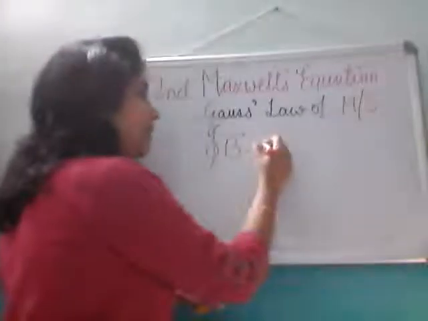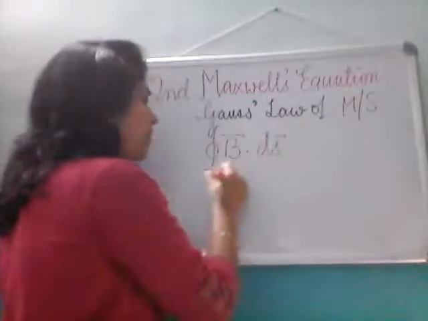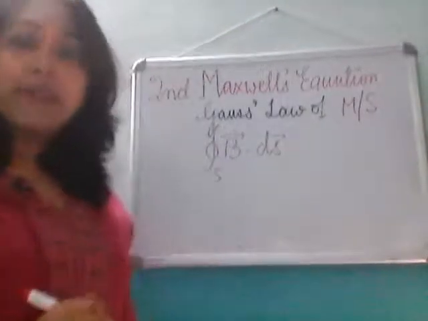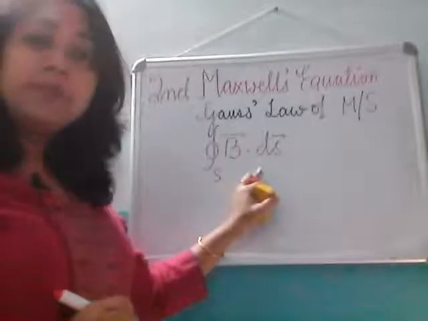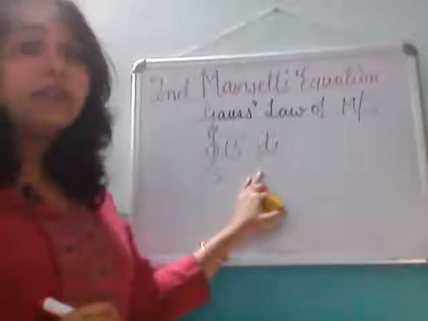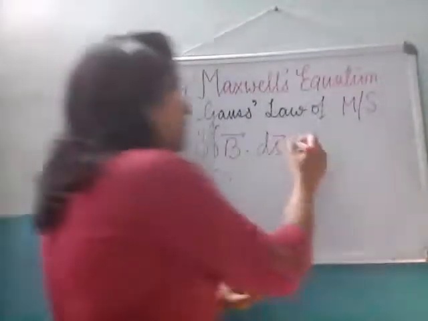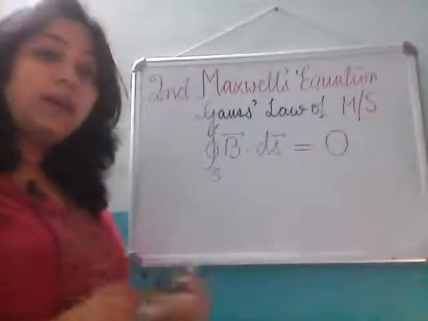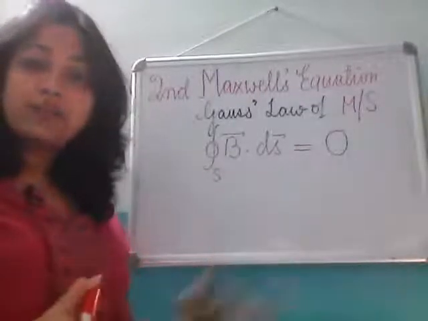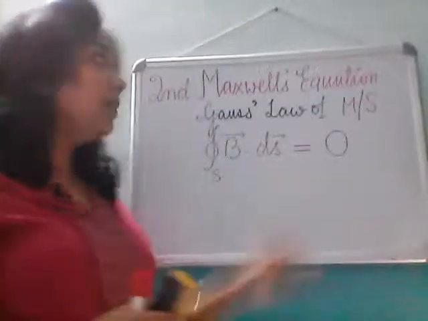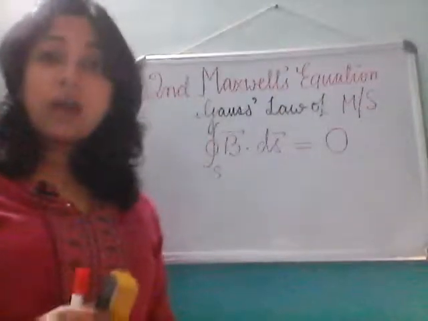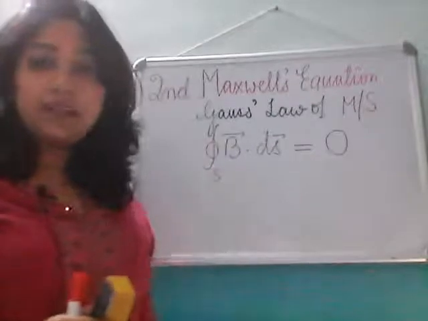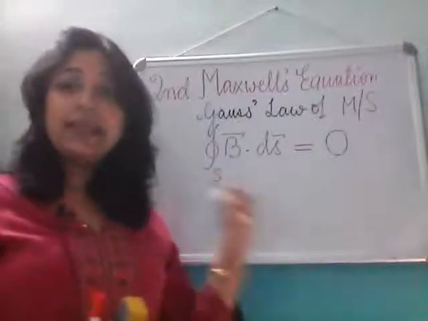So this is B dot dS over a closed surface S. Now, as per the Gauss's law of magnetostatics, the magnetic flux emanating or coming out of a closed surface is exactly equal to this. This is the so-called Gauss's law of magnetostatics, or we can also say the second Maxwell's equation. However, what type of Maxwell's equation? Obviously, since there is the integration sign here, you all will agree that this is the integral form.